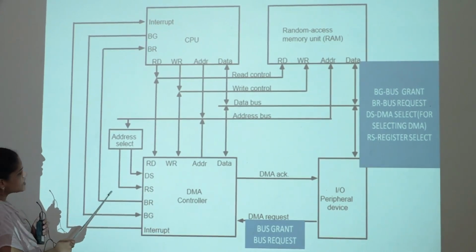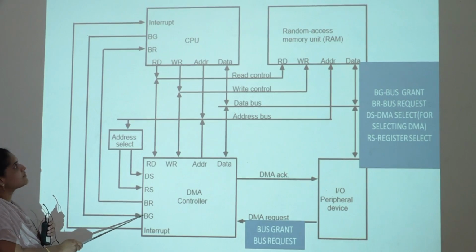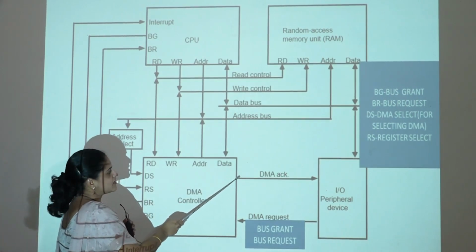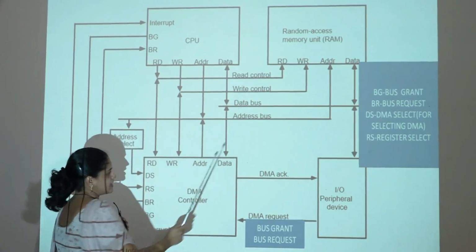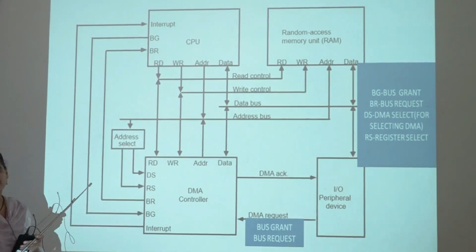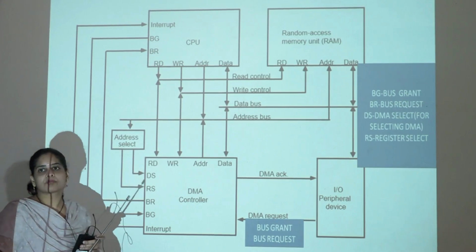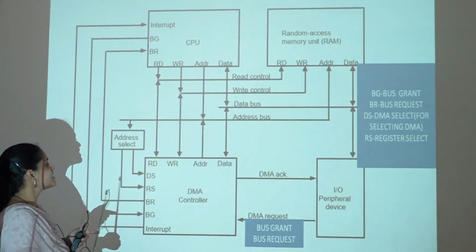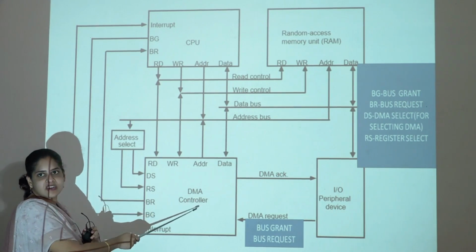So whenever the DMA controller receives the bus grant signal from the CPU, it will send a DMA acknowledgement to the peripheral device. Whenever a DMA acknowledgement is received by the input output peripheral device or the interface unit of a peripheral device, it means that the DMA controller is ready for data transfer.